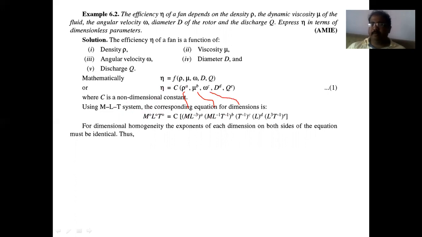Omega depends on time, so T raised to power minus 1. D is a distance, so simply L. And Q is the discharge, meaning meter cube per second, so we write L cube T raised to power minus 1, with the exponents e, b, c, d, and a.